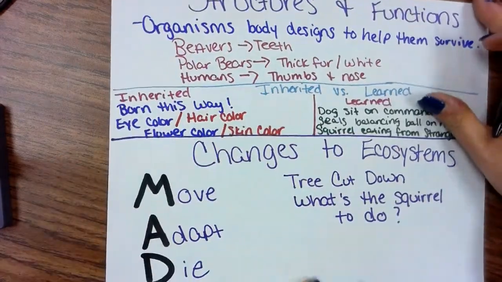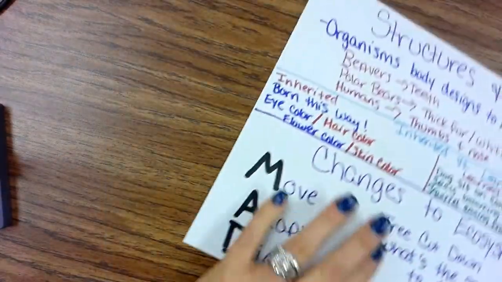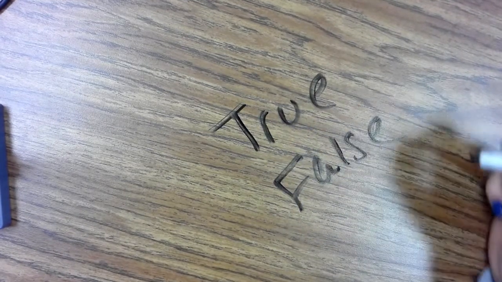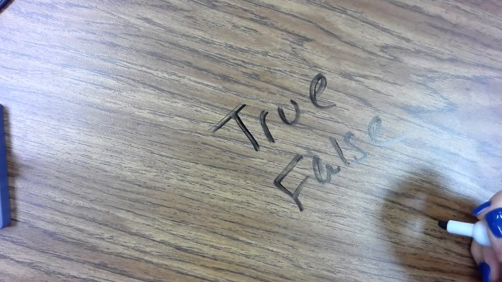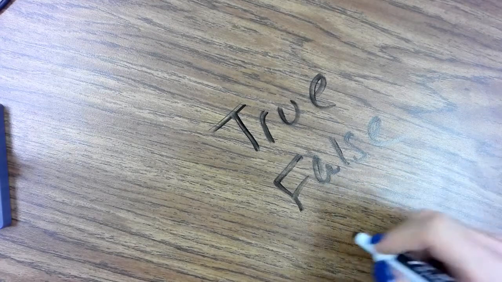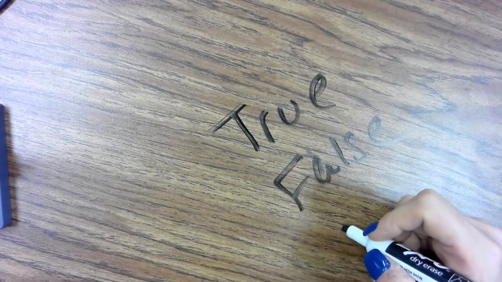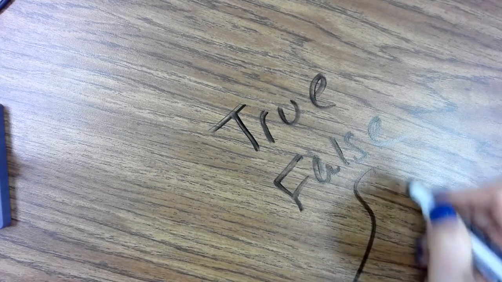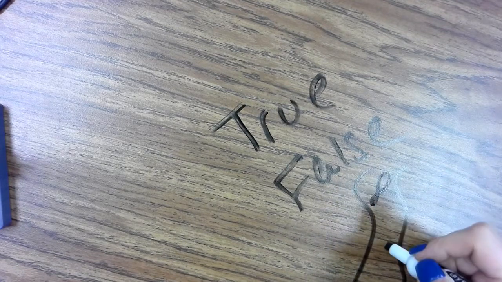So this is it. This is your review. Guys, show your strategies. True, false, everything. True, false. Okay. Draw stuff out. If you don't understand, if the words are not making any sense to you, draw it out. Remember we did the stream with the little fish, right?